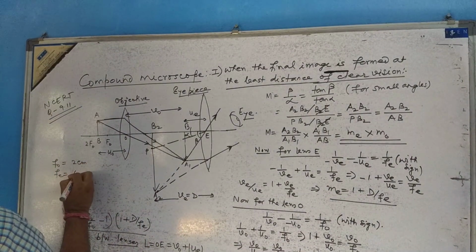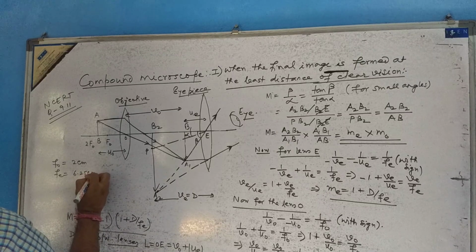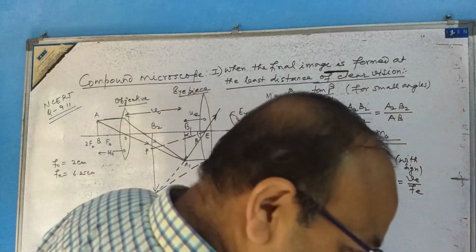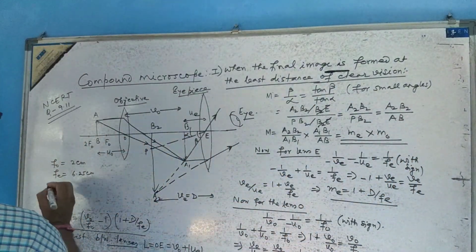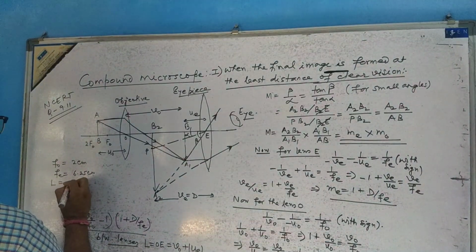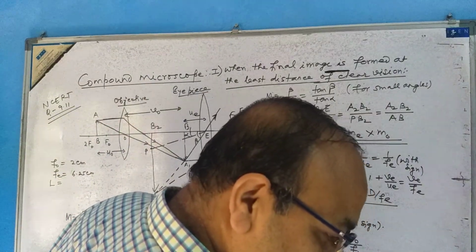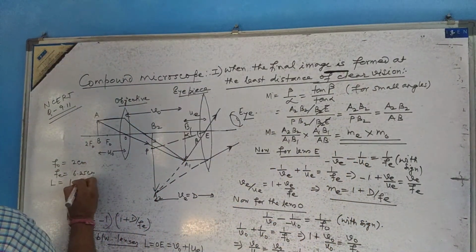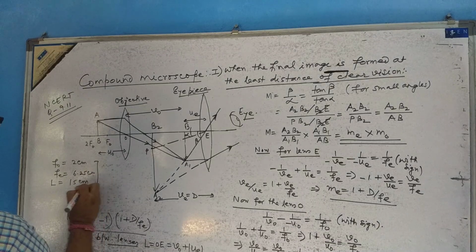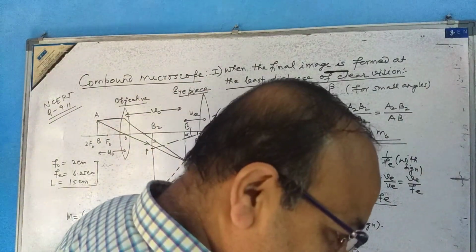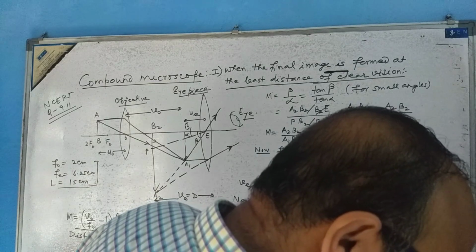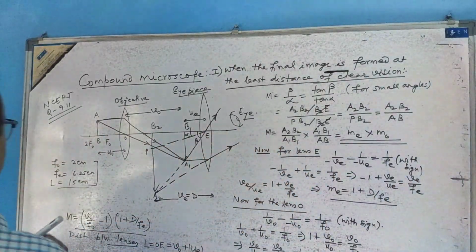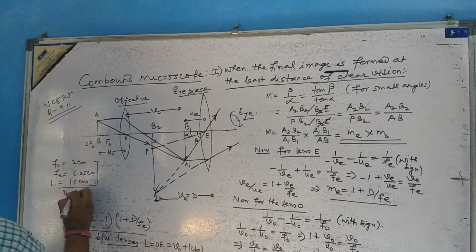FE is given to be equal to 6.25 centimeter, and they are separated by a distance L. It is given to be 15 centimeter. Okay, these things are given. Correct. How far from the objective the object should be placed? You have to determine the value of UO.